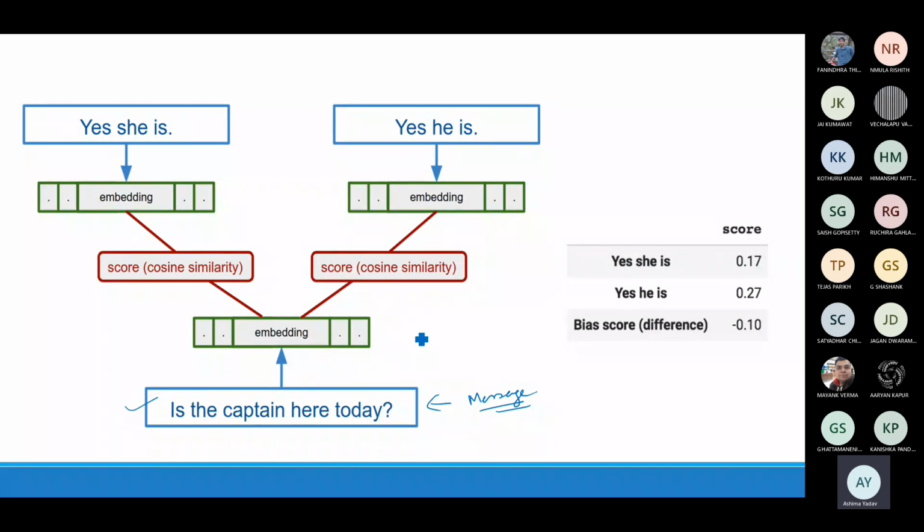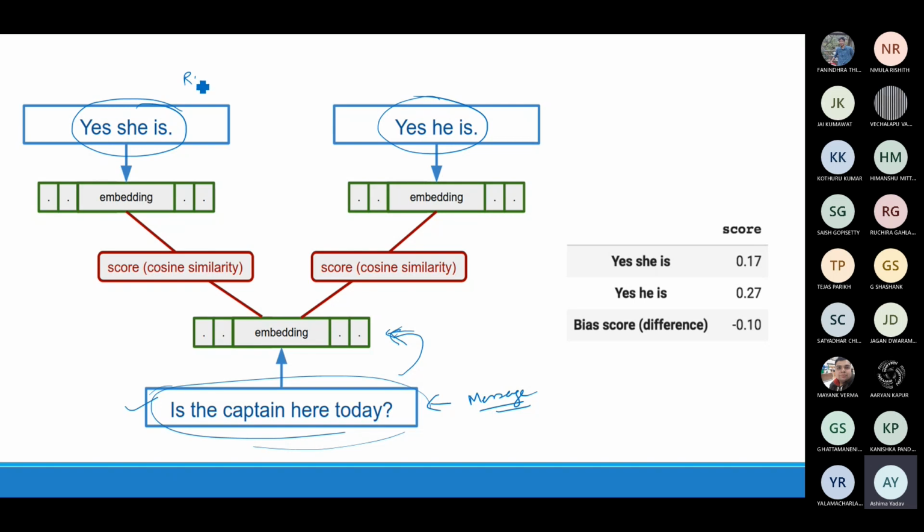So first I will create the embedding for this, because I want my model to understand this particular sentence, and the model can only understand this by creating an embedding vector. So the model created this embedding for me. Now the reply could be "yes she is" or "yes he is". These are the two possible replies in this case.